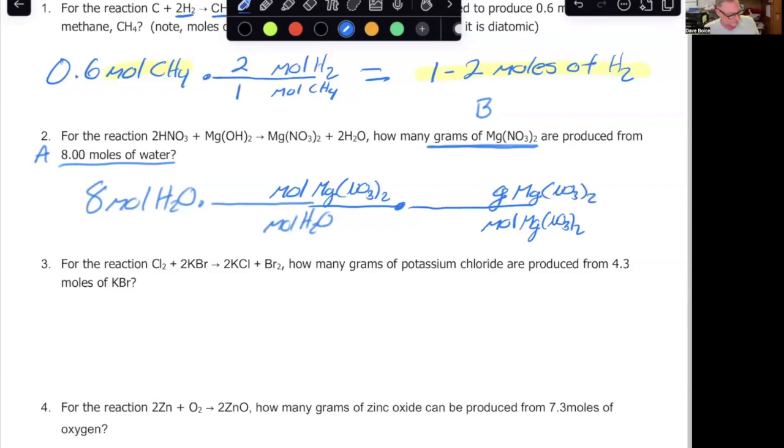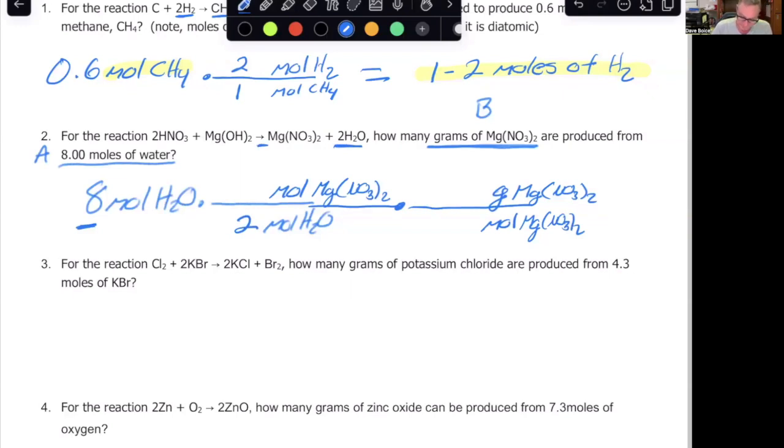Okay, now I know this is good. Notice I don't really care about the 8 because no matter what number I put there for this particular reaction, for every 2 moles of H2O, I react with 1.